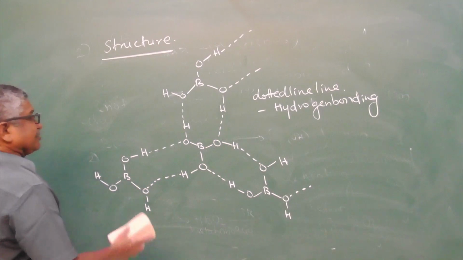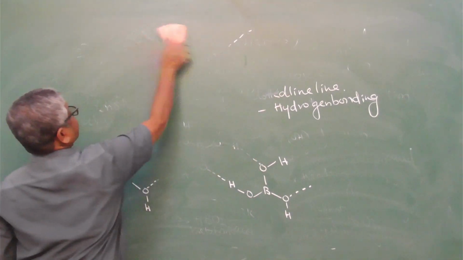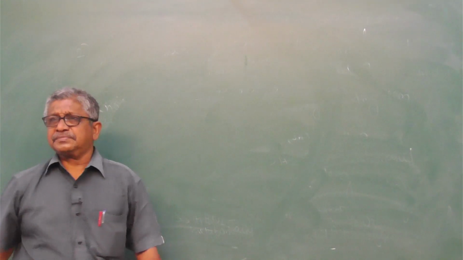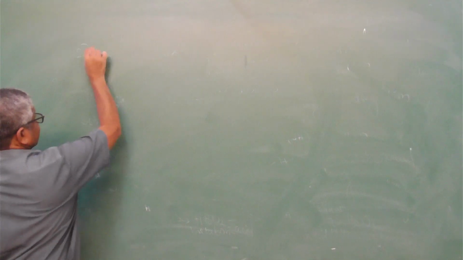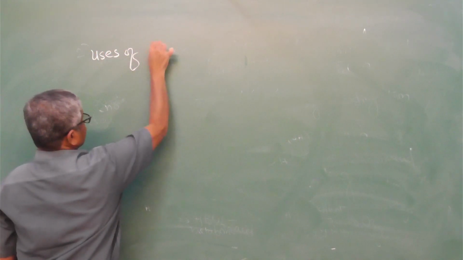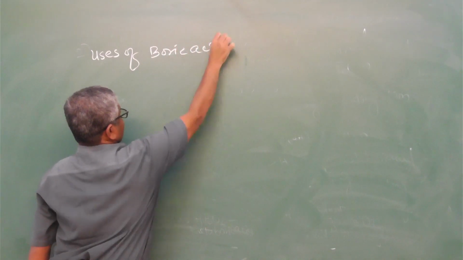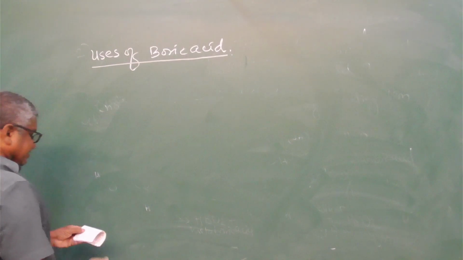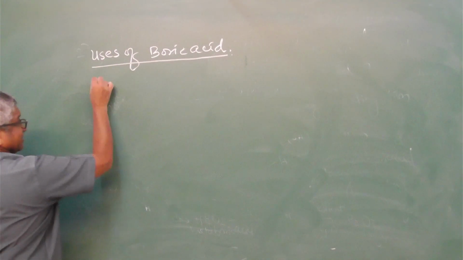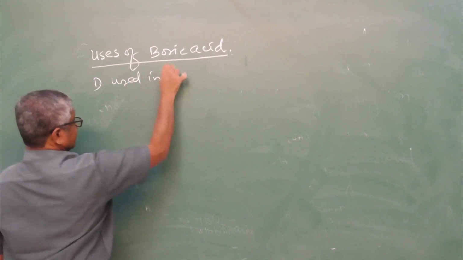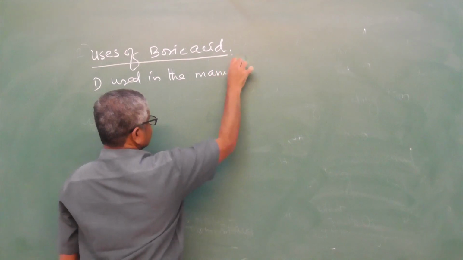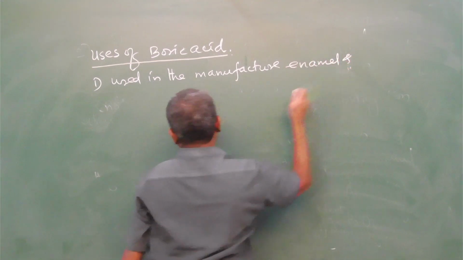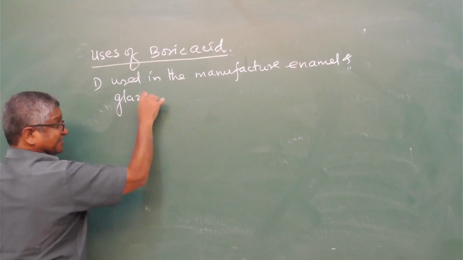Next, uses of boric acid. First, it is used in the manufacture of enamels and glazes for pottery, shining materials.